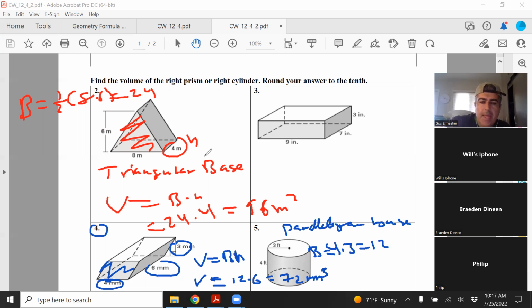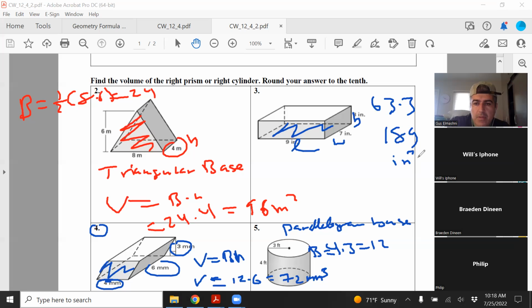Okay. And 3 and 5 should have been pretty straightforward. For 3, length, width, and height. Your base is a rectangle, 9 times 7 times 3. That would be 189, of course, cubic inches. And for number 5, you have a circular base.